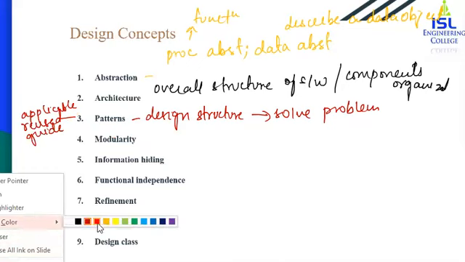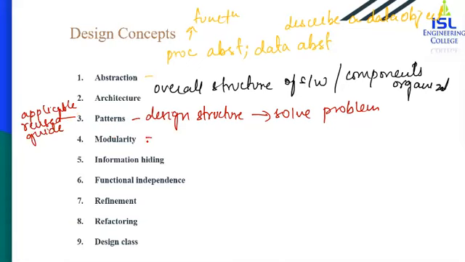Then the next one is modularity. Now what is modularity? Modularity means you're going to divide the software into different modules. You're going to split the software into different modules. As the number of modules increases, the cost is going to decrease.